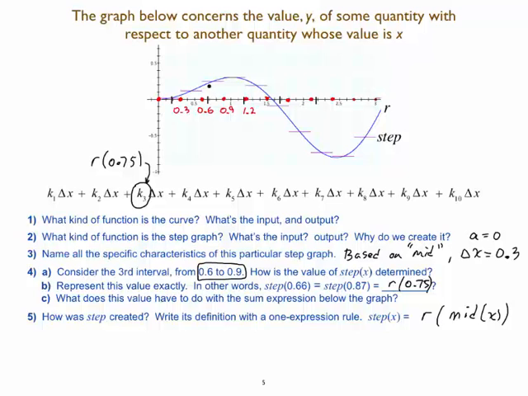The constant rate in that interval is based on the actual rate at the midpoint of that interval instead of the left side. Before we were doing R of 0.6, but now we're looking at the mid, the actual rate at the middle of the interval. And 0.75 is halfway between 0.6 and 0.9. So step X now is R of mid of X.